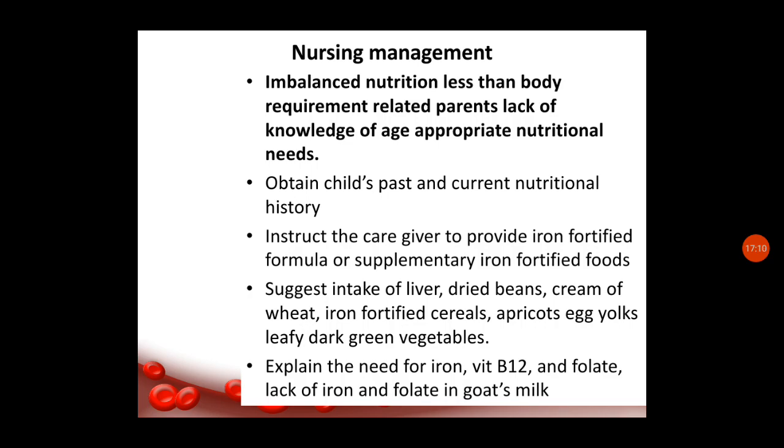So here obtain the child's past and current nutritional history, instruct the caregiver to provide iron fortified formula or supplementary iron fortified foods, suggest intake of liver, dried beans, cream of wheat, iron fortified cereals, apricots, egg yolks, leafy dark green vegetables. Explain the need for iron, vitamin B12 and folate, lack of iron and folate in goat's milk.